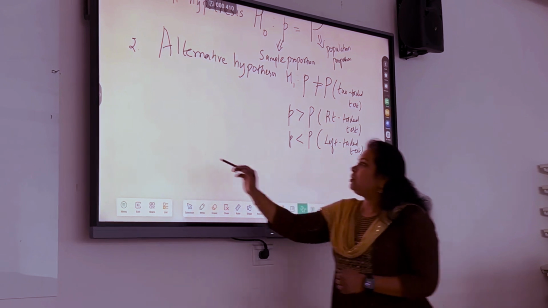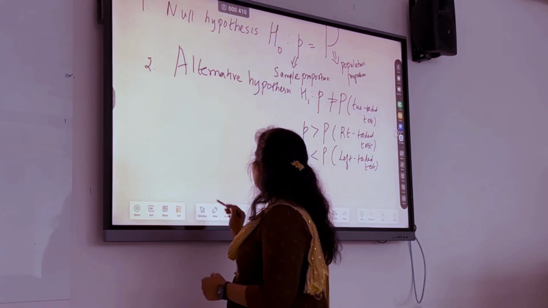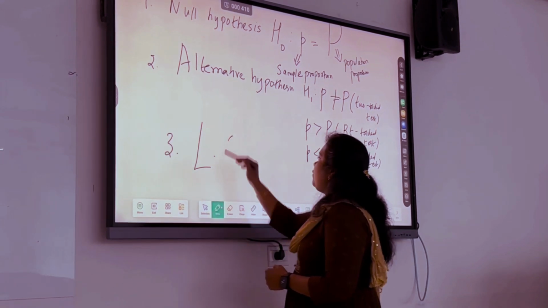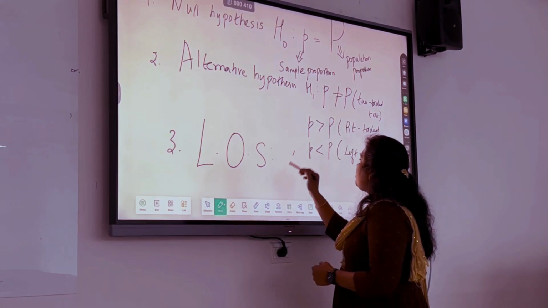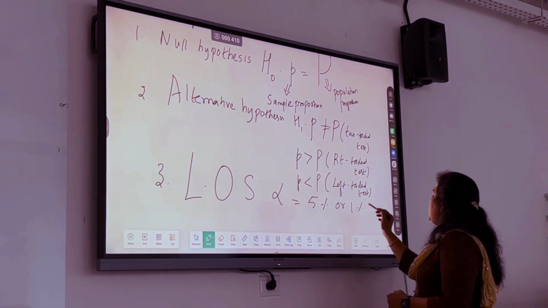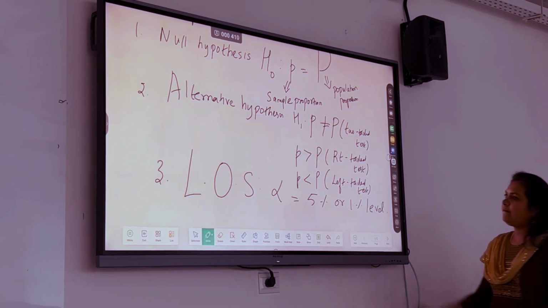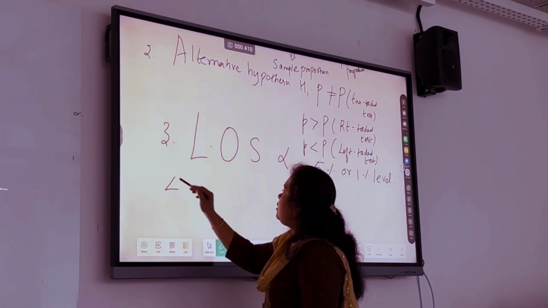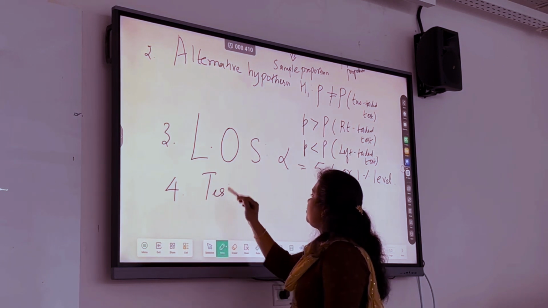So, third point, level of significance is denoted by alpha, which is 5% or 1% level. Now, we have to calculate test statistic.